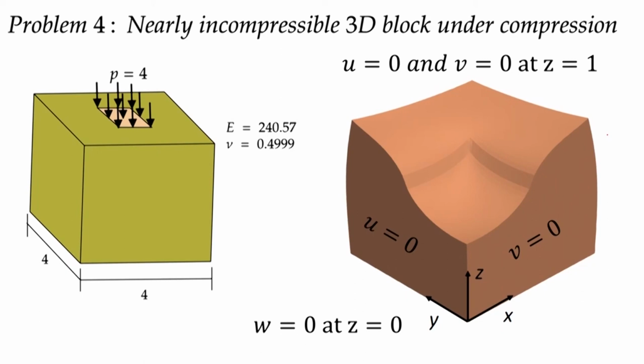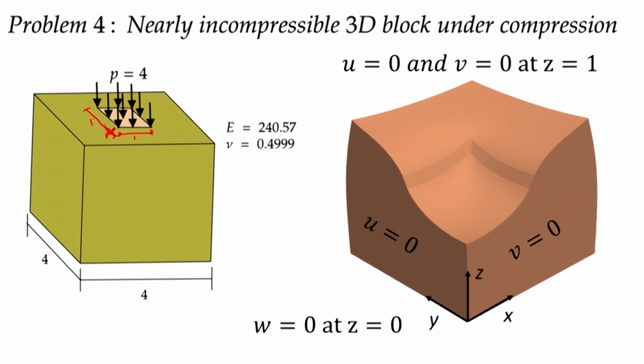A nearly incompressible 3D block is under compression. You can consider a 4 by 4 block with a pressure applied, and this distance is 1, this is 1 and this is 1, even though the diagram may not be to scale.